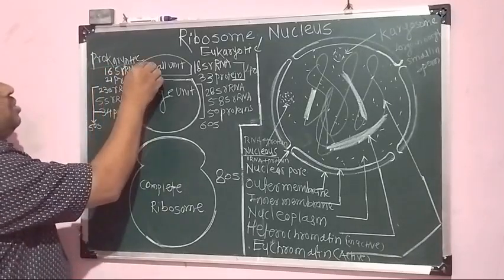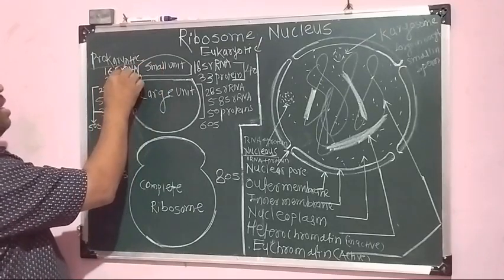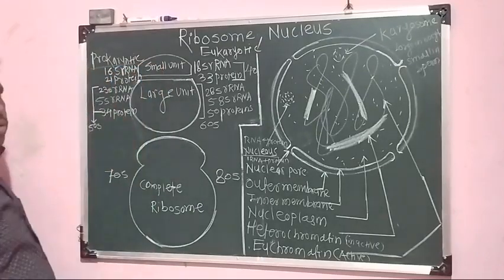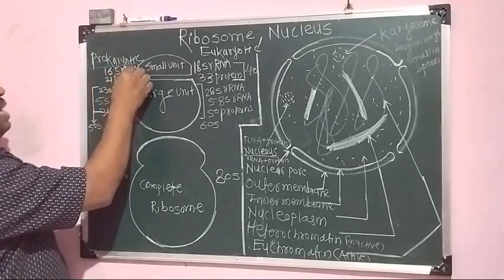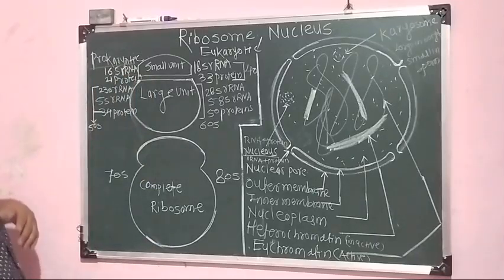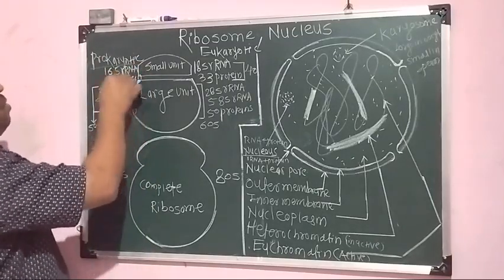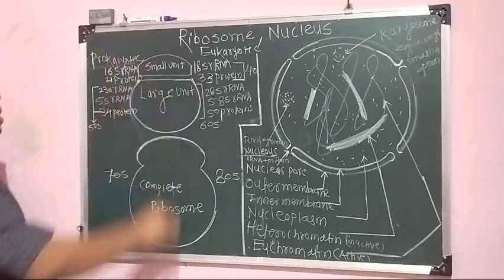It is made up of two things, rRNA and proteins. The number of proteins is 21. So this is the small unit of the ribosome present in the prokaryotic cell.